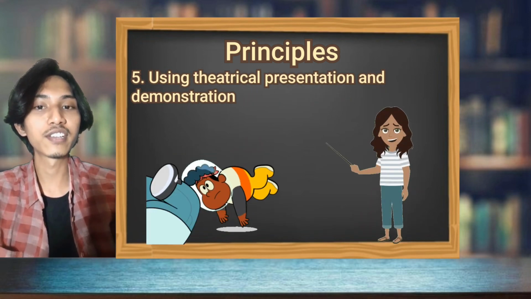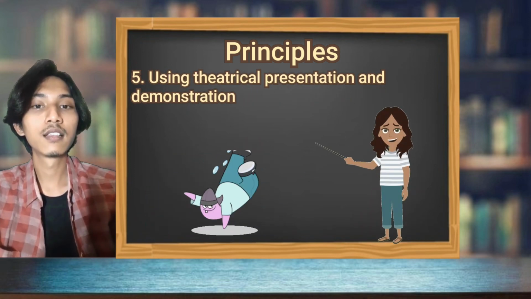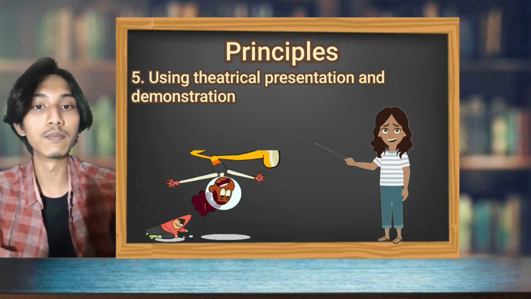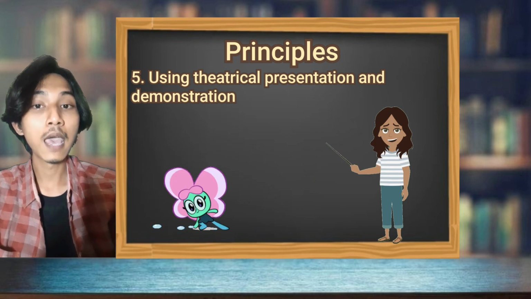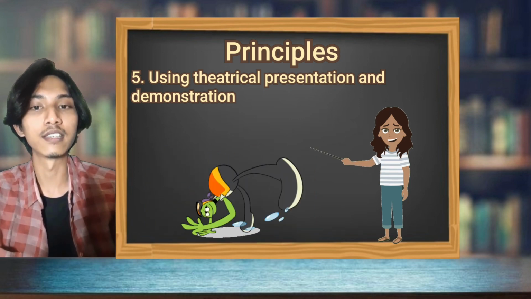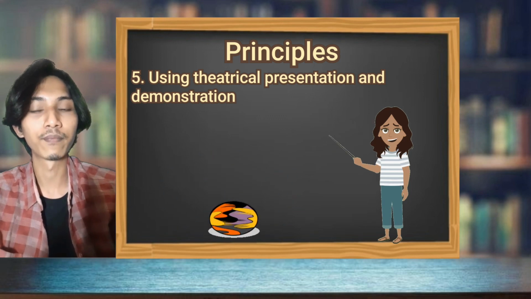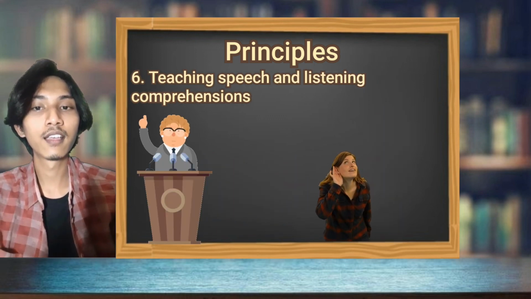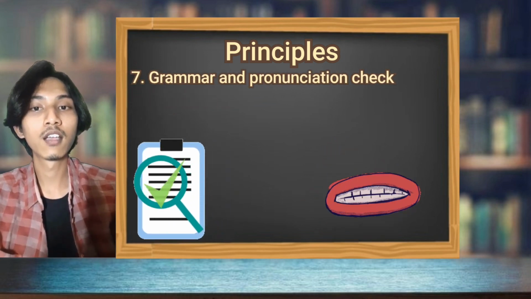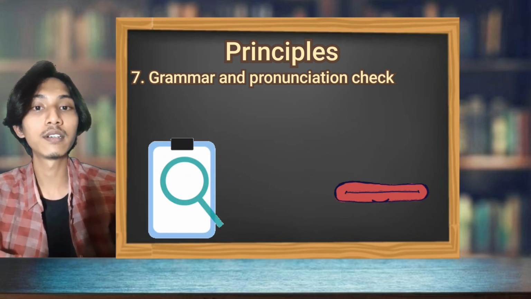Fifth, theatrical presentation, demonstration, or pointing at objects are used to explain the meaning of difficult words, because translation is believed to be an unproductive practice in foreign language learning. Sixth, both speech and listening comprehension are taught. Seventh, correct pronunciation and grammar are emphasized.